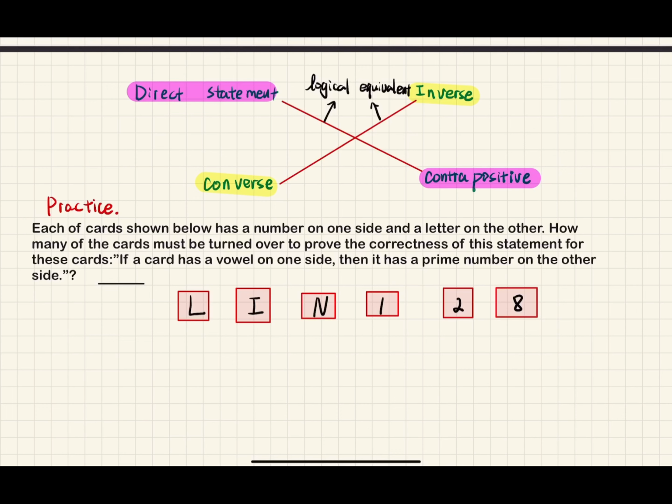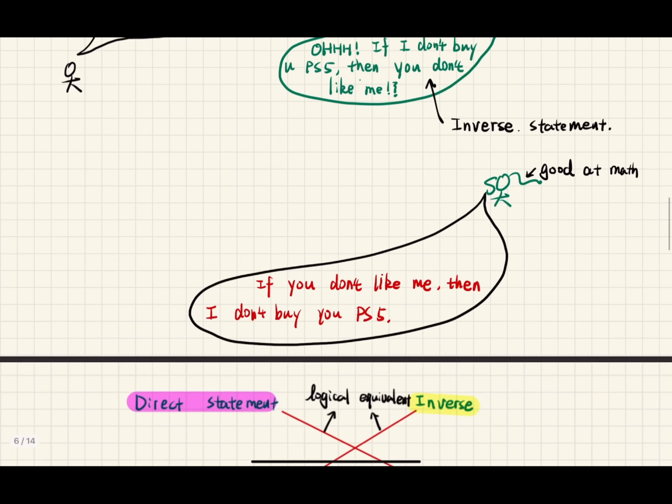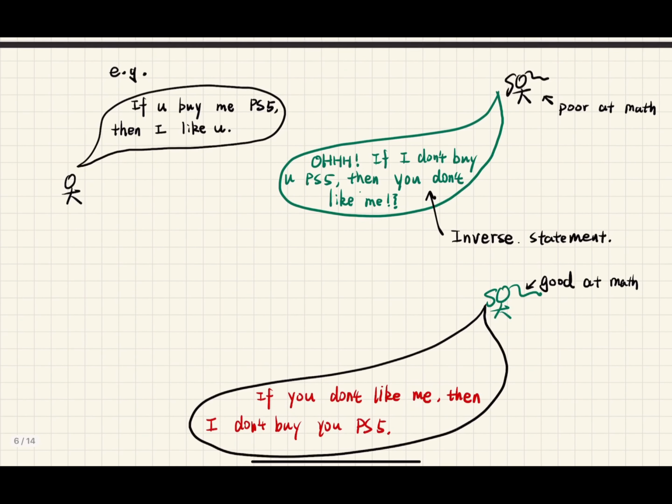But actually, in reality, we often make some logical mistakes. Let's check it out, right? I'm a terrible painter, but I did this for you guys, right? So when I say to my girlfriend, if you buy me a PS5, then I like you, right? There is no problem, and it's not a threat, right?